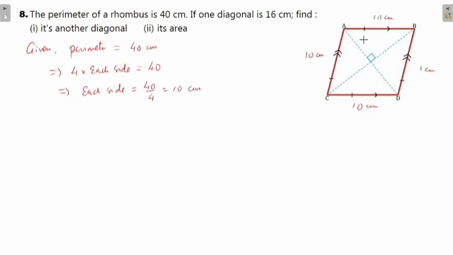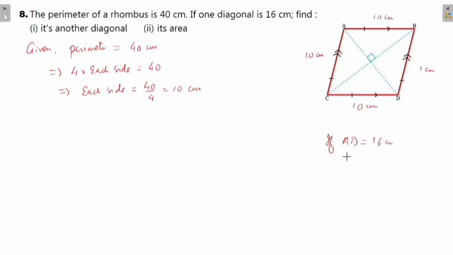If you take one diagonal, that means if you take AD equal to 16 centimeter, then you write O here.